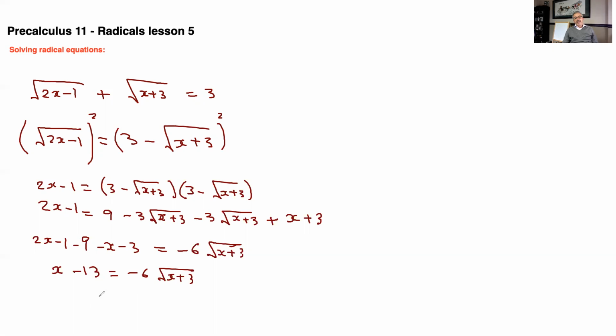Okay. Now we're going to square both sides again. So square this and square this, because we still have to get rid of the square root that we are left with. So this will be x minus 13, writing it twice, equals the square of squaring negative 6 will give you positive 36, and the square of this will just be x plus 3.